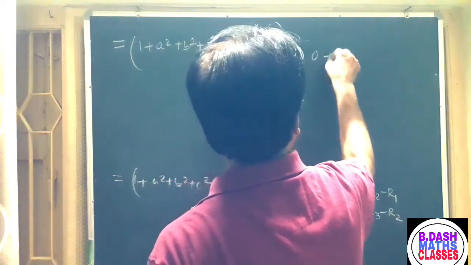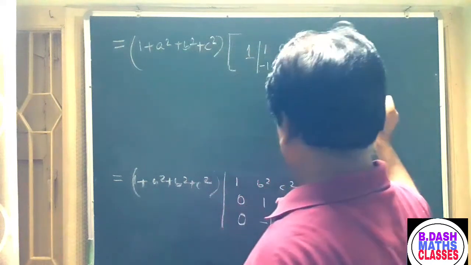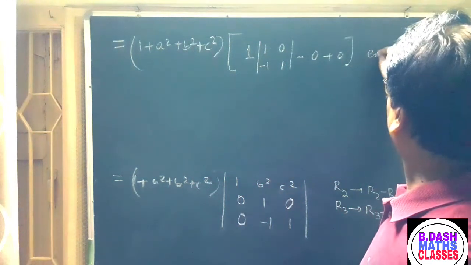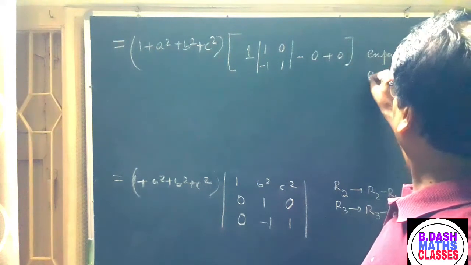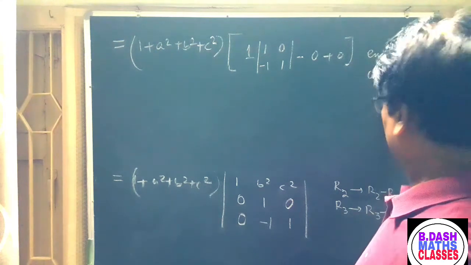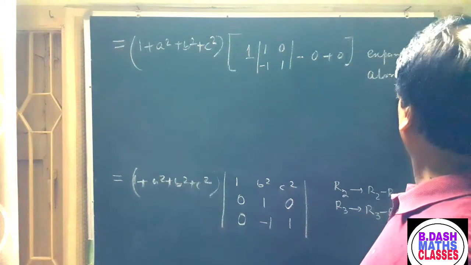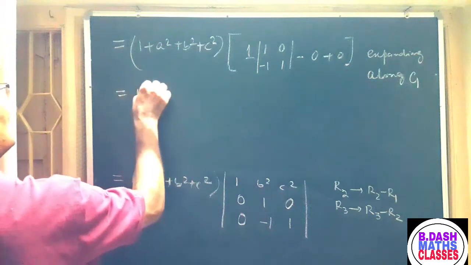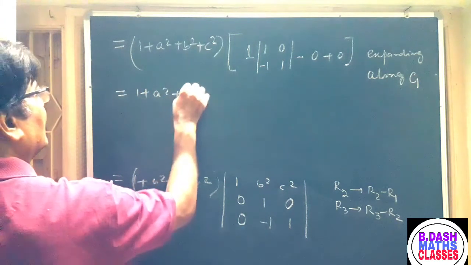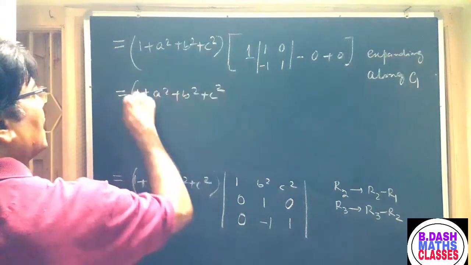Then minus 0 plus 0, we are expanding along column 1. So which is equal to 1 plus a square plus b square plus c square.